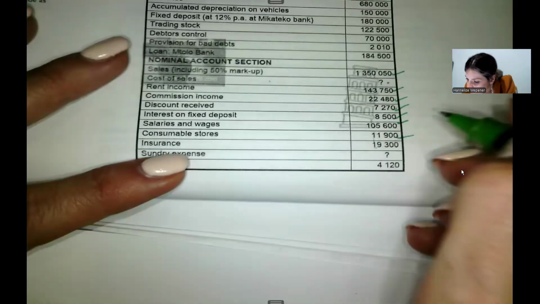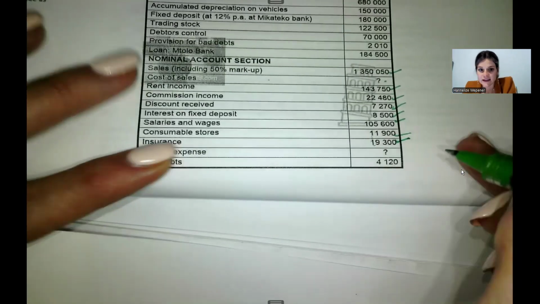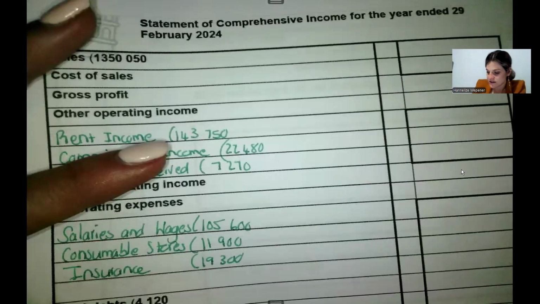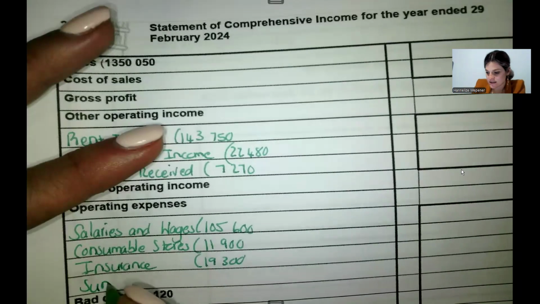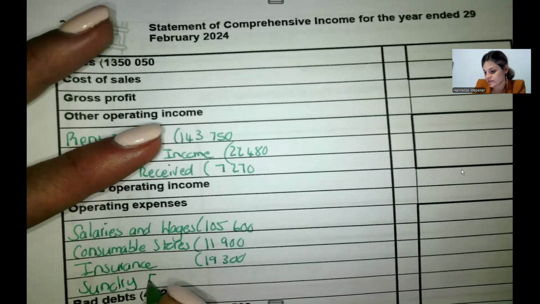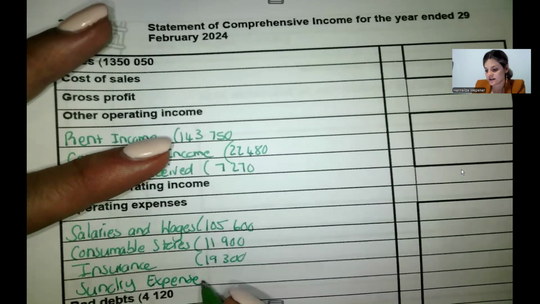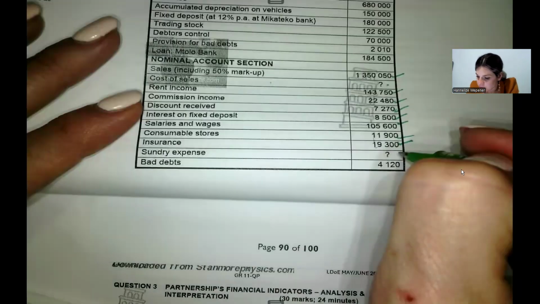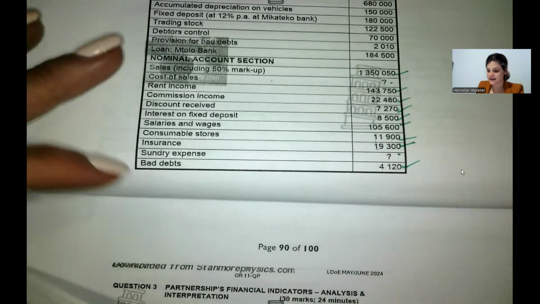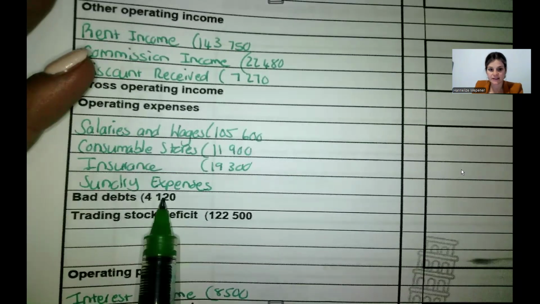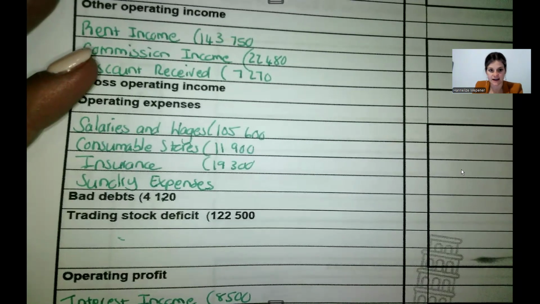There we go. And then sundry expenses has a question mark for now, so we don't know. We'll just add it as such. And then we also have bad debts, but that has already been included in the answer book. And then there's a random trading stock deficit there as well.